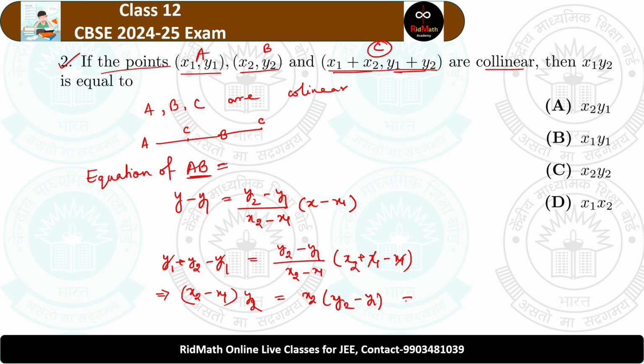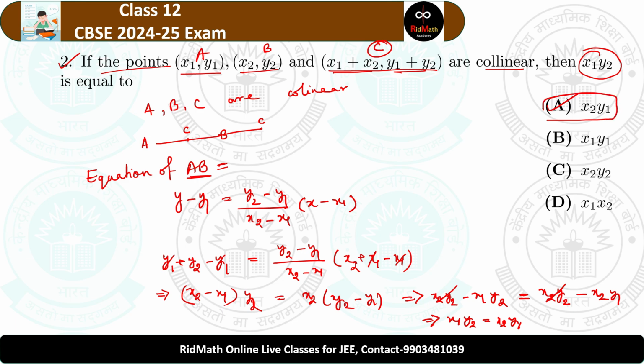So this implies x2 y2 minus x1 y2 equals x2 y2 minus x2 y1. So x2 y2 cancelled, and x1 y2 equals x2 y1. So here it is given that x1 y2 is equal to x2 y1. That means option A is again correct, x2 y1. Next problem.